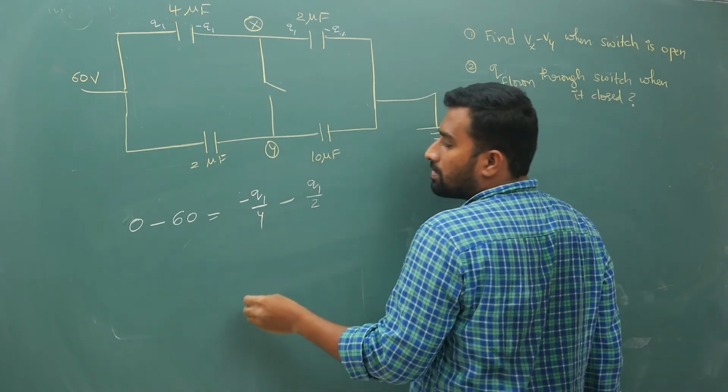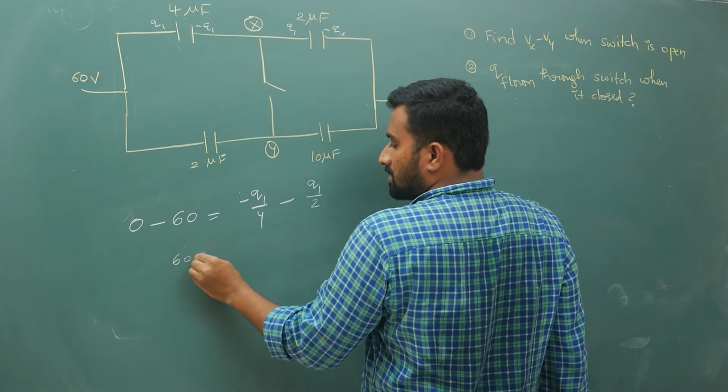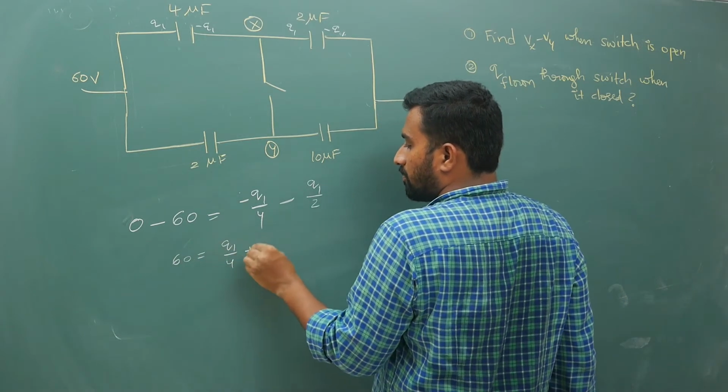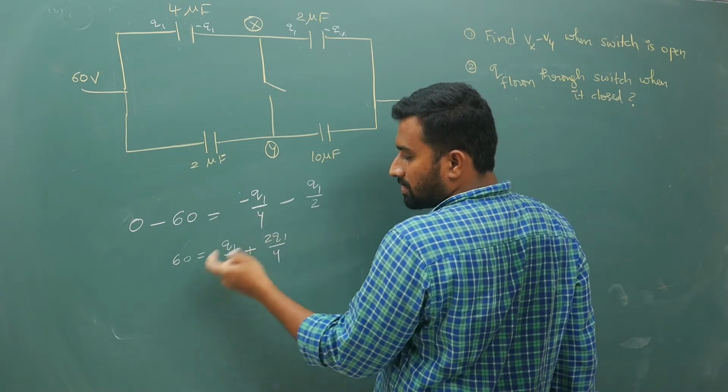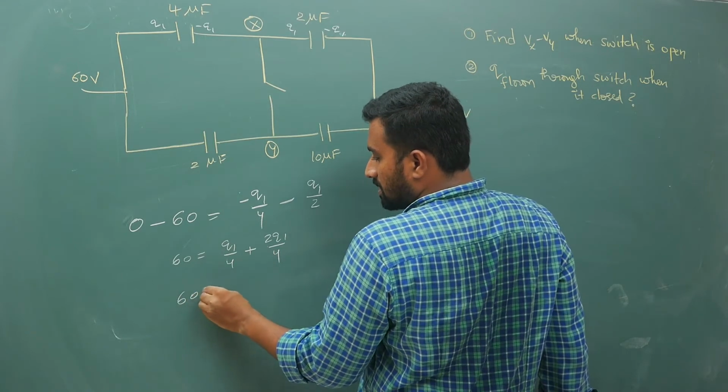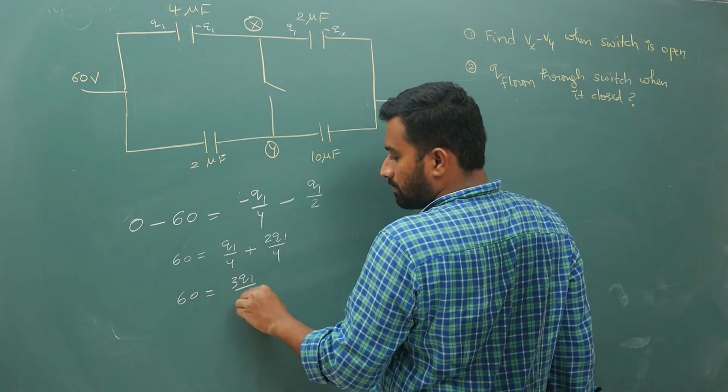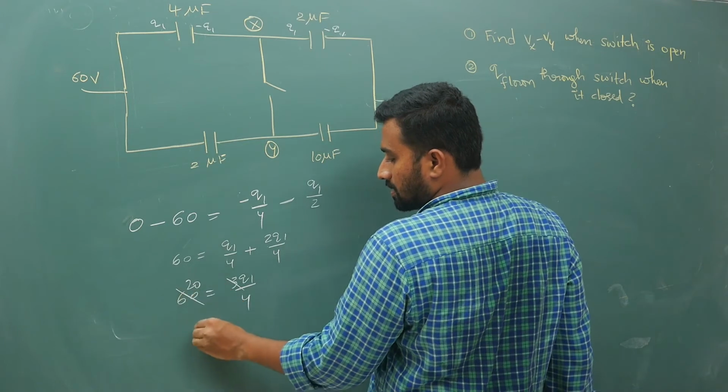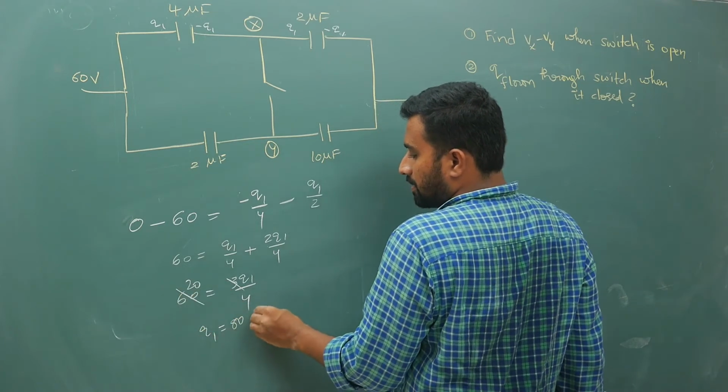So that will give me 60 is equal to Q1 by 4 plus 2Q1 by 4, for simplification's sake. So 60 is equal to 3Q1 by 4, 3 ones, 3 20s, Q1 equal to 80 microcoulomb.